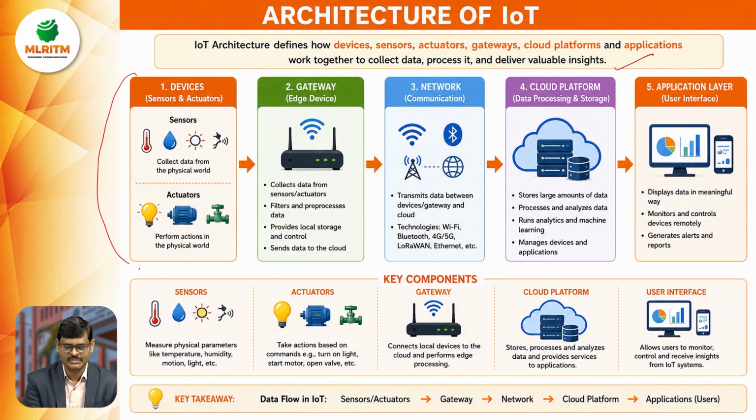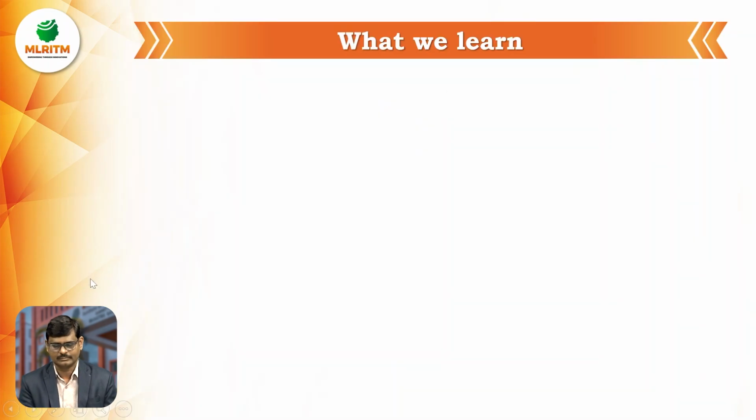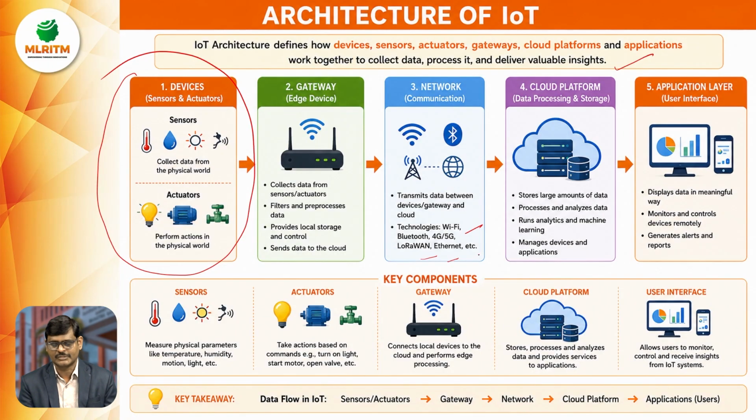Stage one is the device, where you have sensors and actuators. The second part is the gateway and the communication network, which transmits data between the devices and the gateway, for example Wi-Fi, 4G, LoRaWAN, Ethernet, some communication protocols which we are going to see in our second unit, and then the cloud platform and application layer.